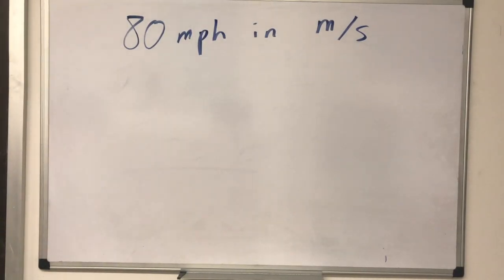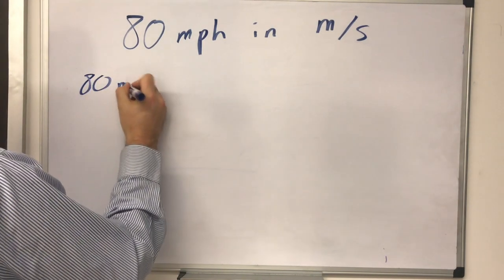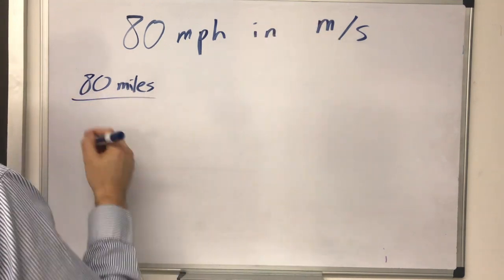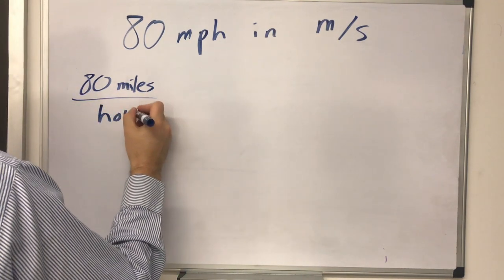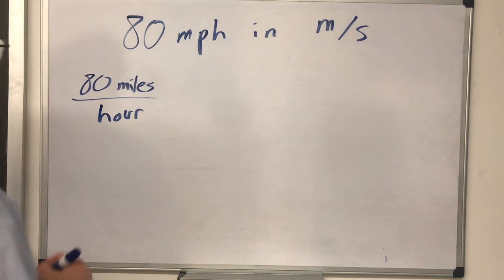Okay, but that was easy. So let's say instead that we want to know how fast 80 miles per hour is in meters per second. Now, remember, when I say per, that means the units in the denominators. So I can write 80 miles per hour. I'm going to write it out, and then I'm just going to multiply in succession until I'm left with only one thing. So I know a few things.